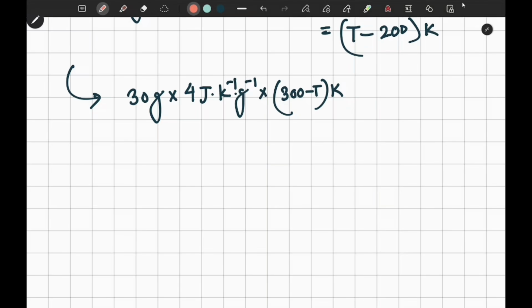So first, what will happen? The first step is ice at 200 Kelvin. Then it will be converted to 273 Kelvin ice.